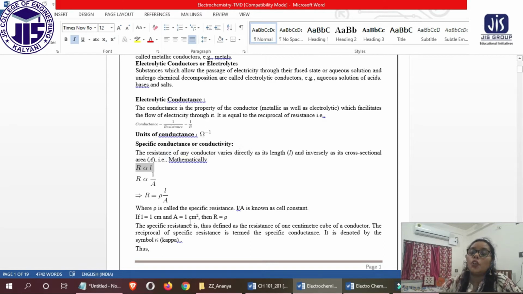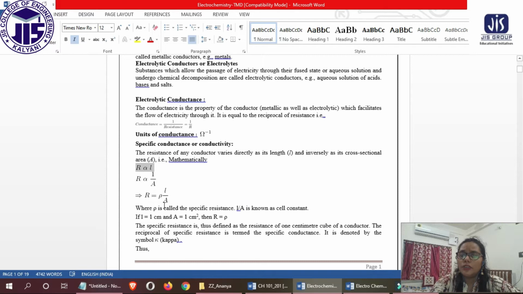And if the cross sectional area increases, the passage through which the electricity passes is a very large area, so the resistance will decrease. So R varies as 1 by A.